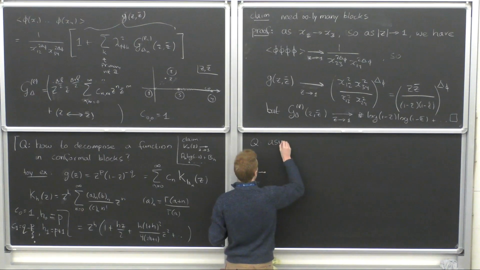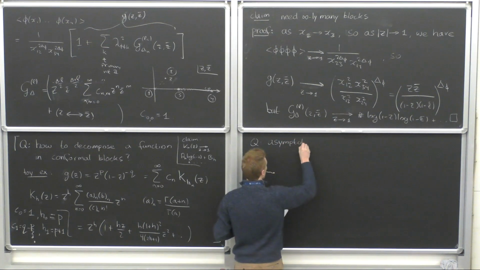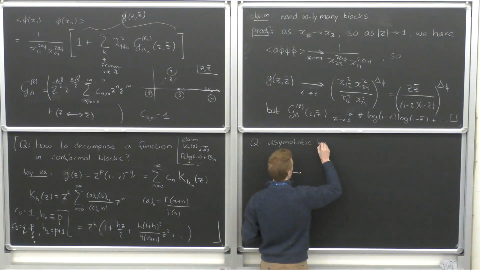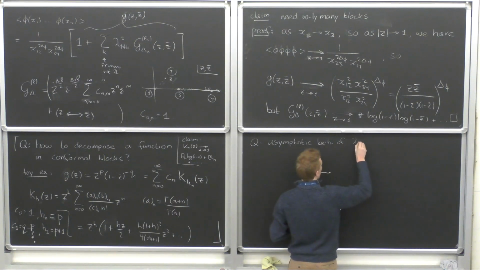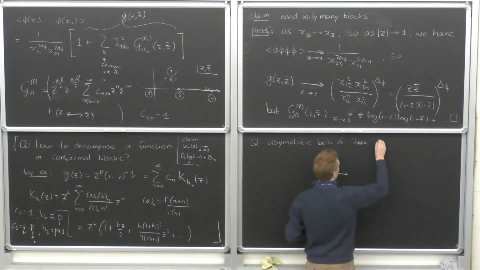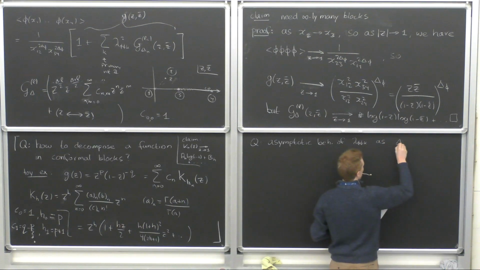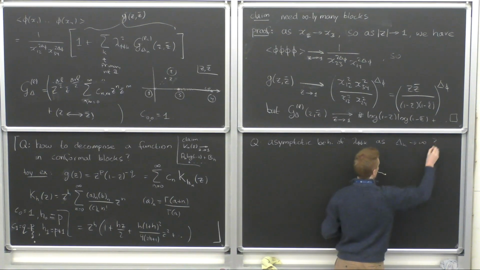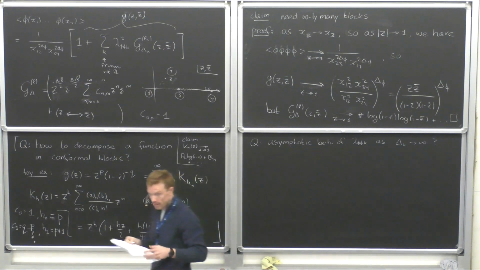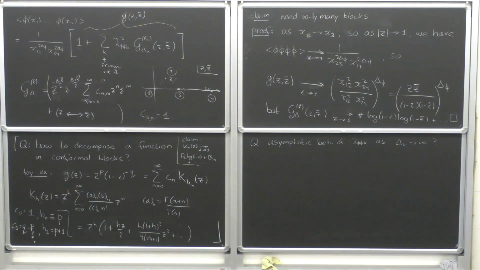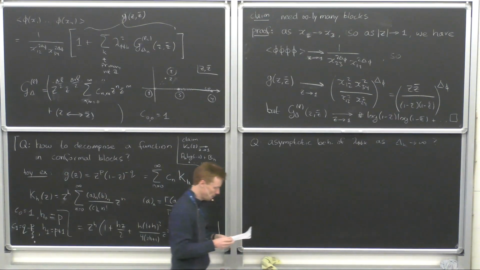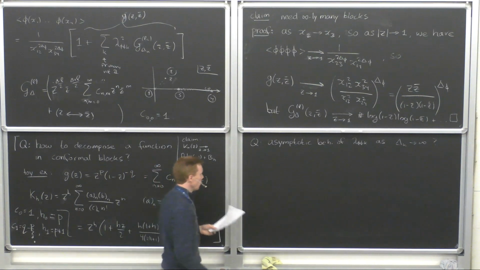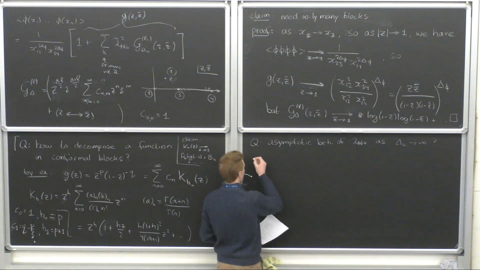What's the asymptotic behavior of lambda phi k as, say, delta k goes to infinity? Because it's this infinite tail that must be responsible somehow for transforming these logs into a power law divergence.